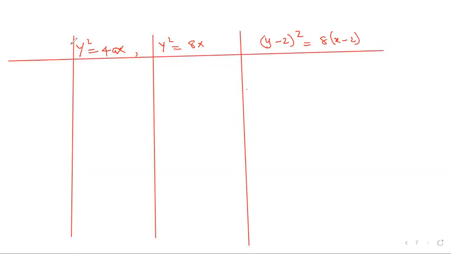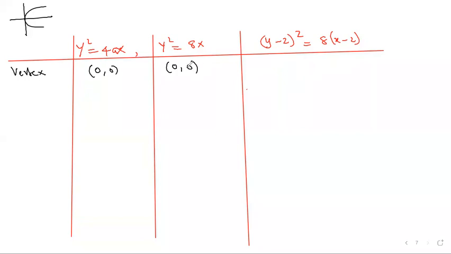Imagine I want the vertex. Do you know the vertex of this parabola? What is the vertex of this parabola? 0, 0. So naturally there is no a in it, so the vertex of this will also be 0, 0.